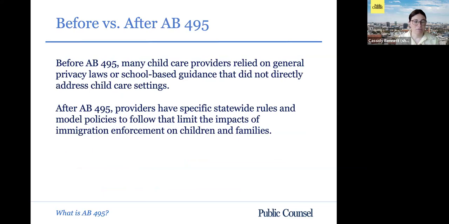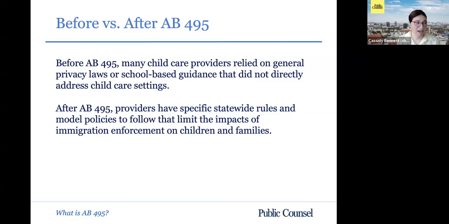So AB 495 equips childcare providers with clear policies to safeguard family privacy and shield children from the impacts of immigration enforcement. Before AB 495, there was no comprehensive childcare-specific immigration resource or response framework. There were inconsistent practices across facilities, less clarity for staff responding to ICE requests, and limited formal preparedness expectations.